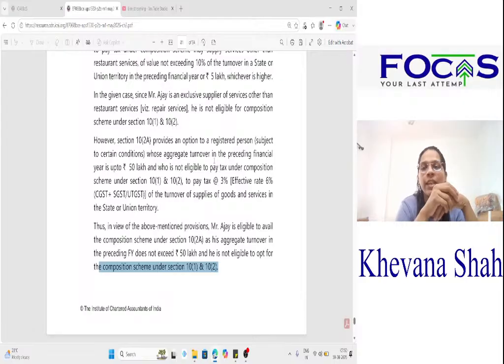So in such a case, we have another option available, that is section 10(2)(a), and in that case you are checking whether your preceding financial year's turnover is not crossing the threshold limit of 50 lakhs.